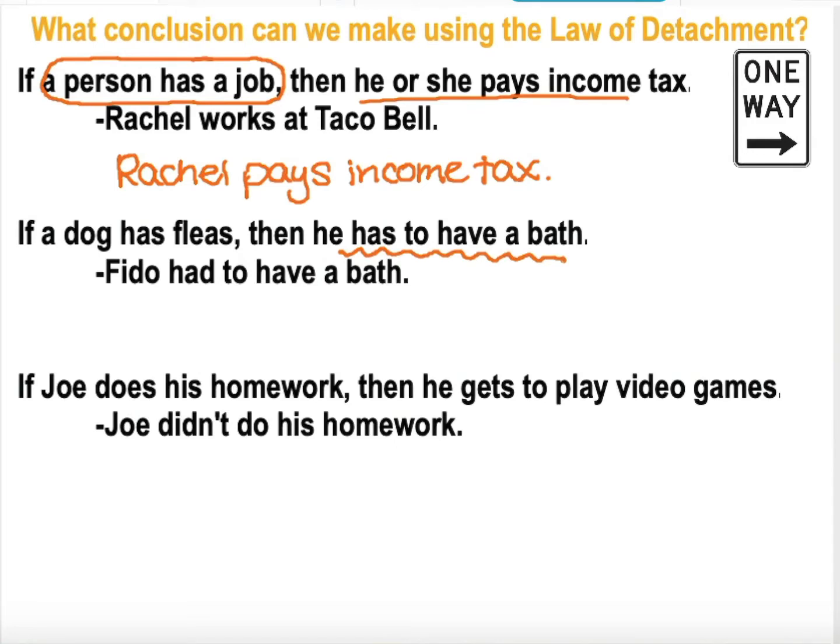The tricky part is that we cannot make a conclusion using the law of detachment unless we know that this part came true. Remember, on our activity, we only hooked things up if it matched on the front. And so we would say no conclusion here. And we could try to explain that, oh, Fido maybe had a bath because he was muddy. But really, if you just stick to the if and the then, you won't go wrong.